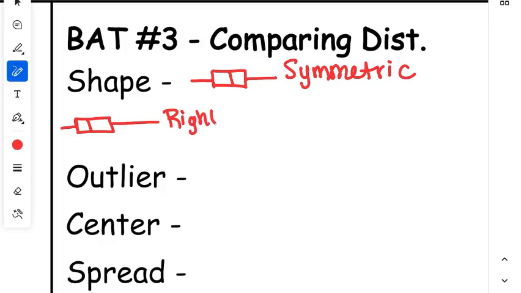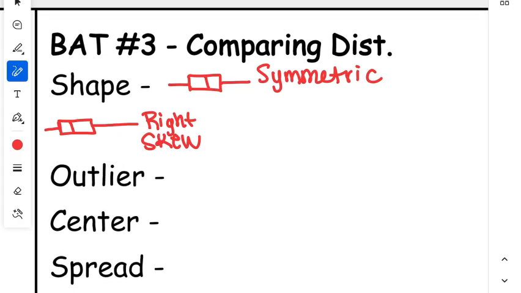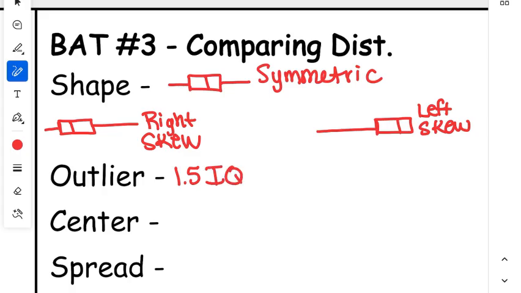And then right skew would look like this, or skewed right. And then left skew would be the other way. If they're about the same on both sides of the median, then that would be considered symmetric. If you can see a long tail, then it's going to be skewed.